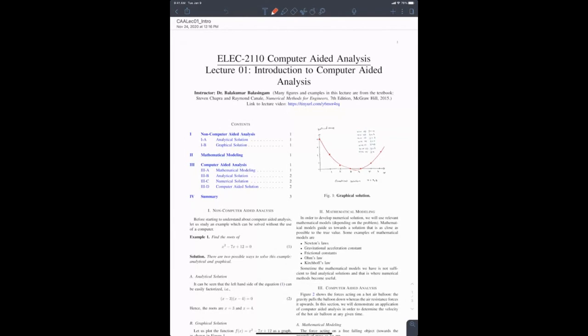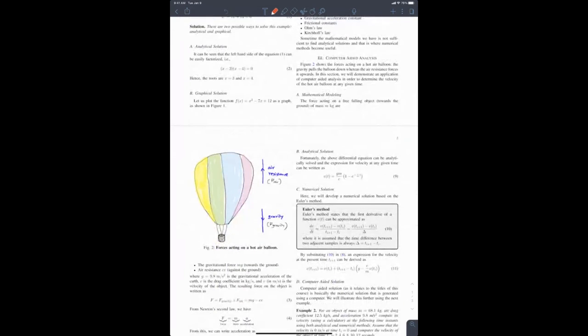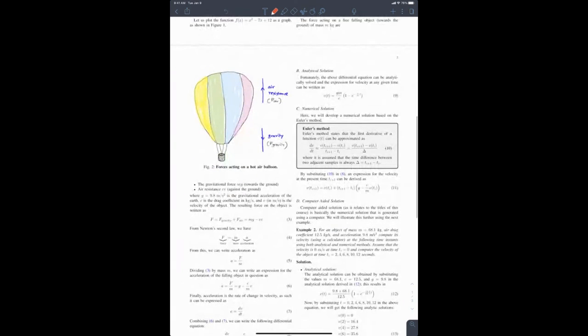I thought I would quickly go to lecture 1 to see what we just studied. This was lecture 1, where we talked about a falling object, and we said we can approximate the velocity of the object like that, and then we wrote an equation: v(t_{i+1}) is v(t_i) plus h times that function. This is very similar to what we just studied.